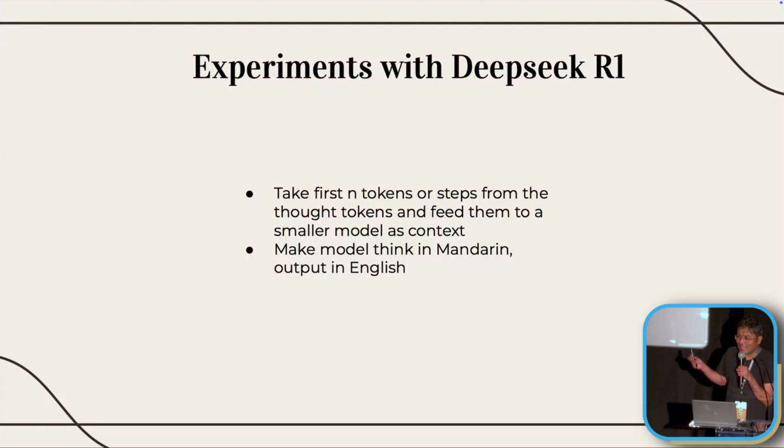I don't remember the exact proportion, but I think for DeepSeek, maybe around 40% of their data was in Mandarin. So that could be one of the reasons, but we are also thinking about how certain languages might just be more amenable for reasoning, and that's very much an open question.